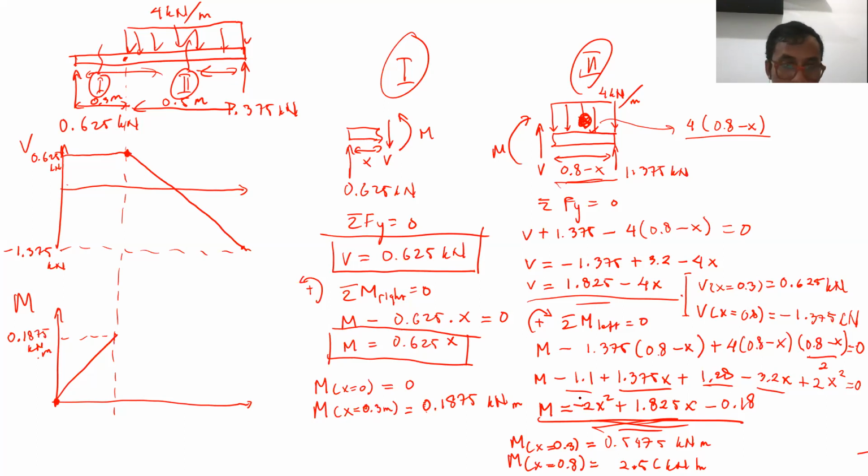Then plus 1.825 times 0.3 minus 0.18. Yes, now it's correct. The result here is supposed to be logical now. I'm sorry, just now I made a mistake. Even a lecturer can make a mistake, so you don't have to worry about it.